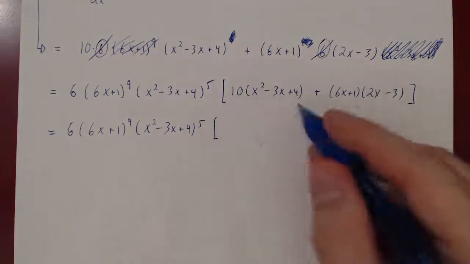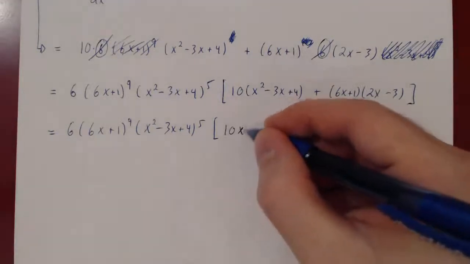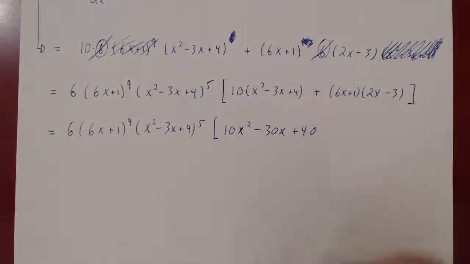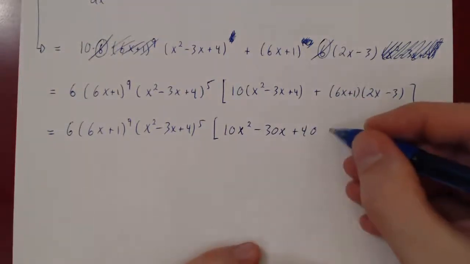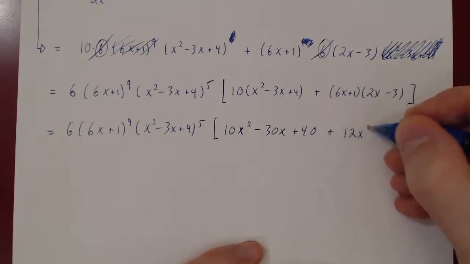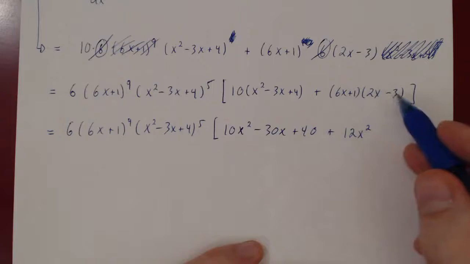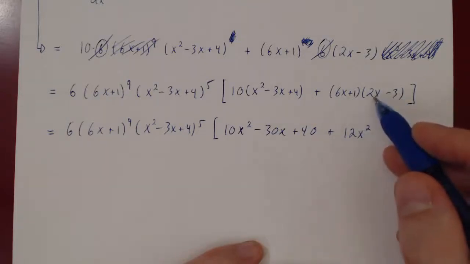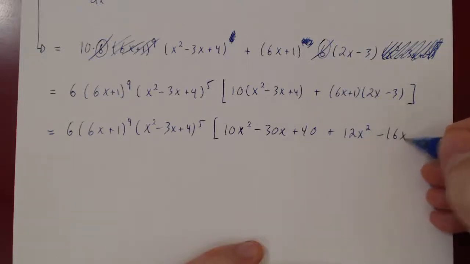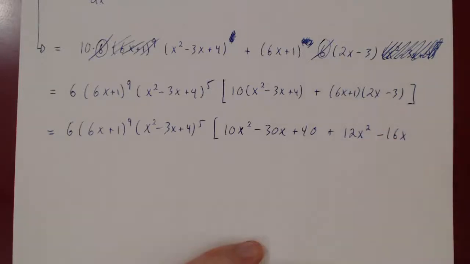Let's multiply. So 10 times all this gives us 10x squared minus 30x plus 40, plus 6x times 2x is 12x squared. 6x times negative 3 is negative 18x. Positive 2x, that gives us negative 16x. Plus 1 times negative 3, negative 3.